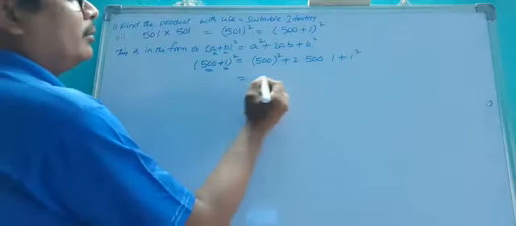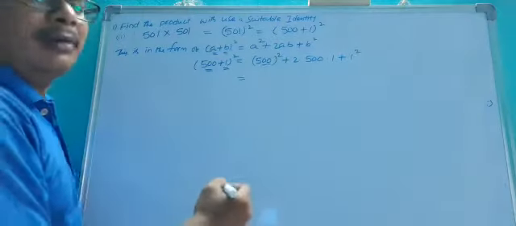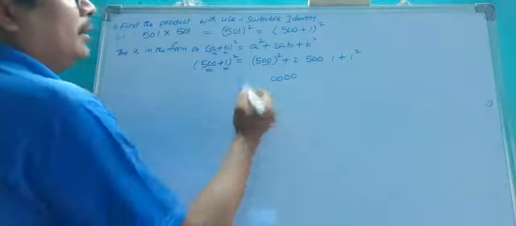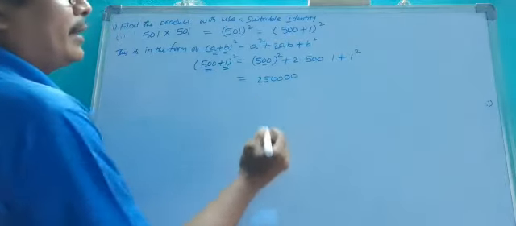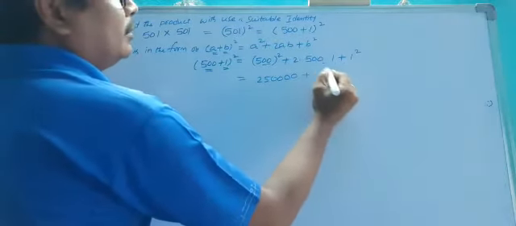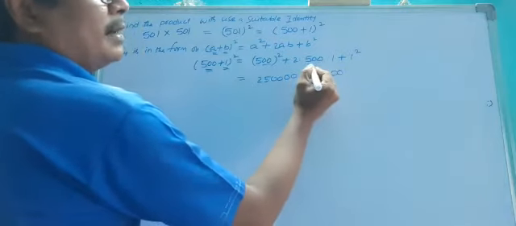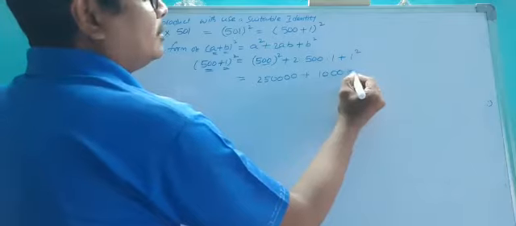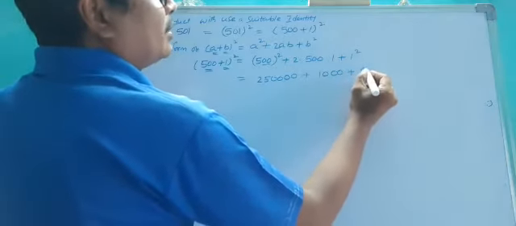So you write double of the zeros: 2 zeros are there, so you write 4 zeros, and 5 square equal to 25. Plus, you write 2 zeros first; 2 fives are 10, 10 ones are 10, so 1000, plus 1 square means 1.